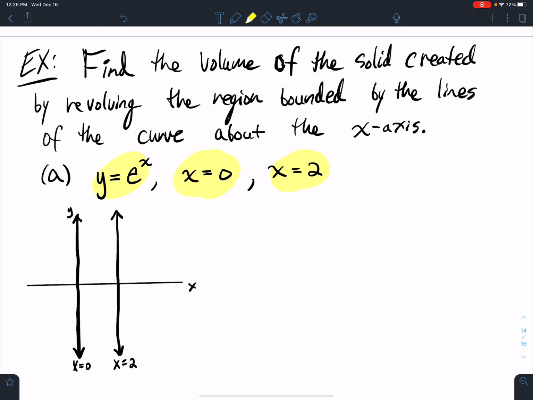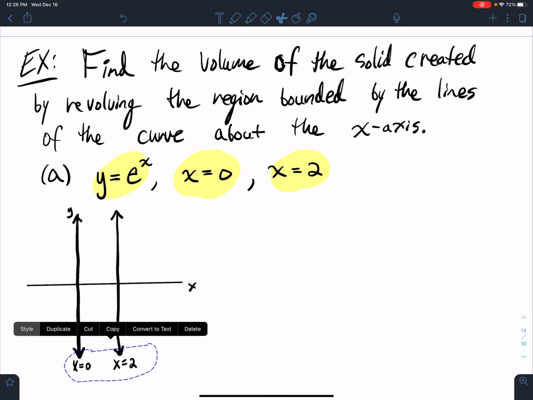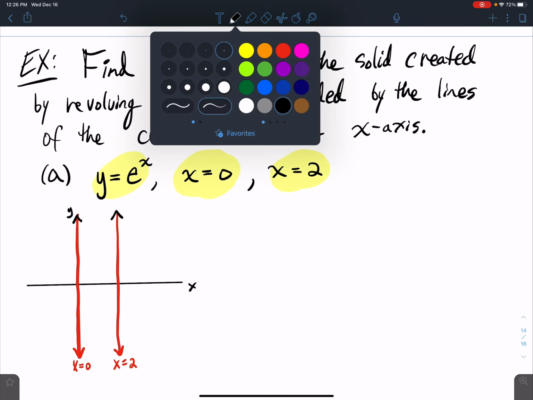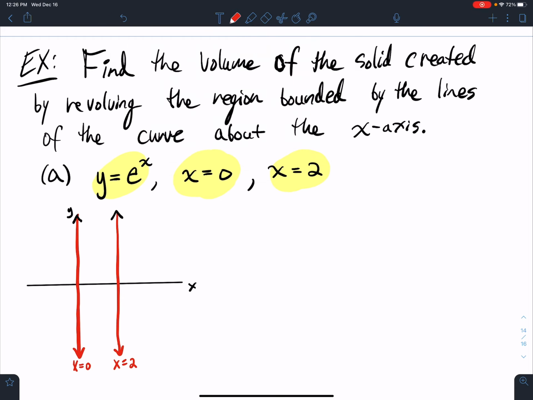And then y equals e to the x. This is an exponential function. The exponential function passes through the y-axis at 1. So something like this here.